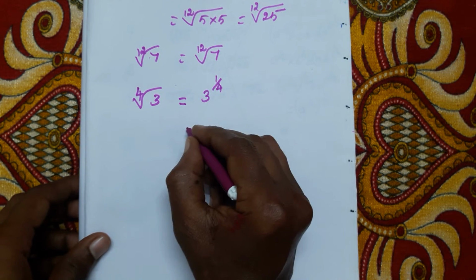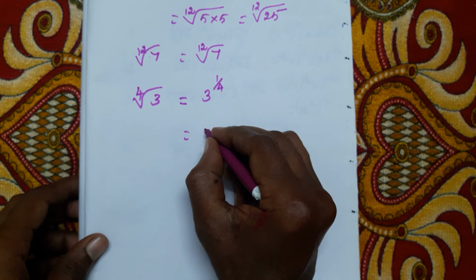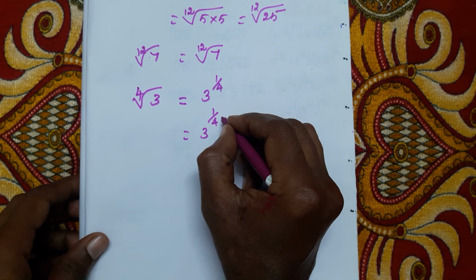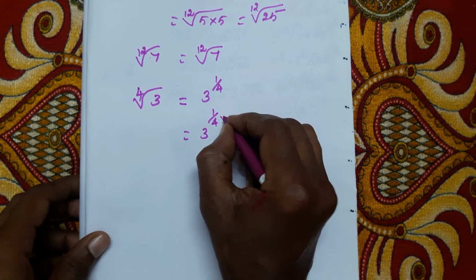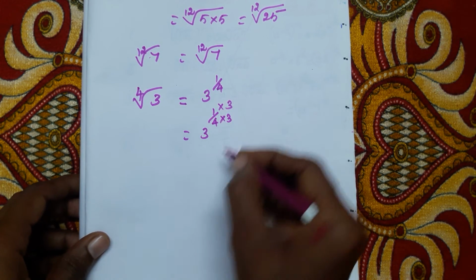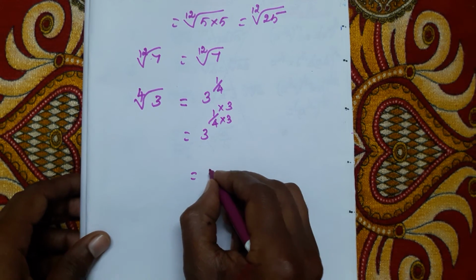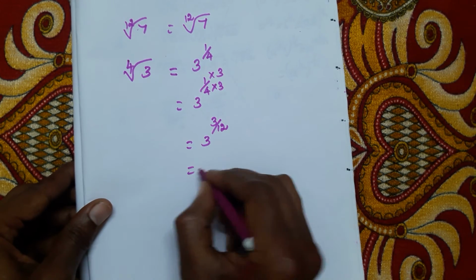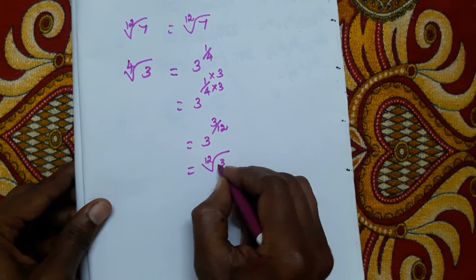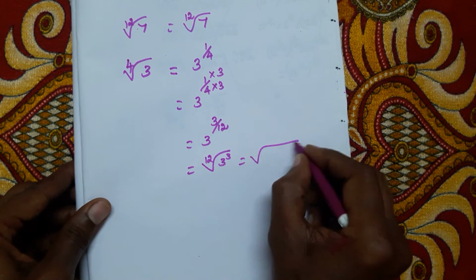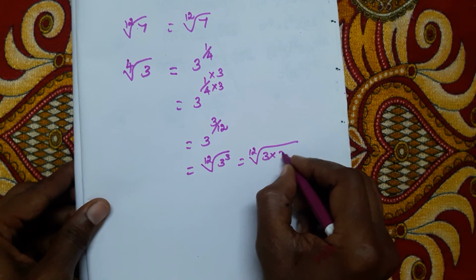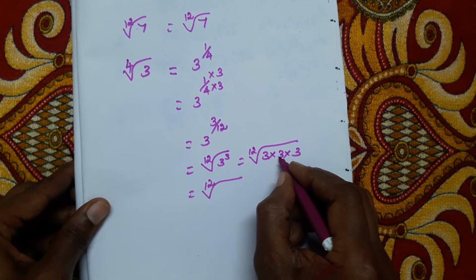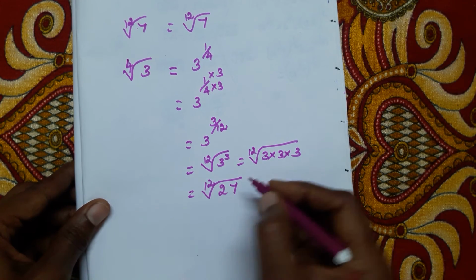Which number do we multiply so that 4 changes to 12? Yeah, 3. So the numerator is also multiplied by 3, and we get 3 power 3 by 12. This we can write as the 12th root of 3 cube. It's equal to the 12th root of 3 into 3 into 3, which is the 12th root of 27, since 3 3s are 9, 9 3s are 27.